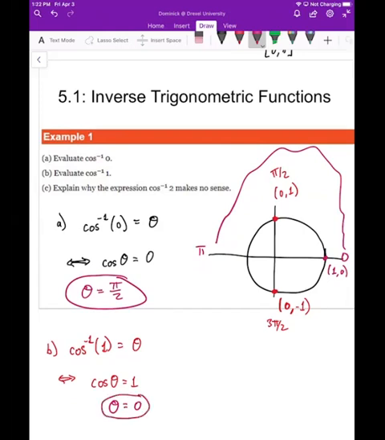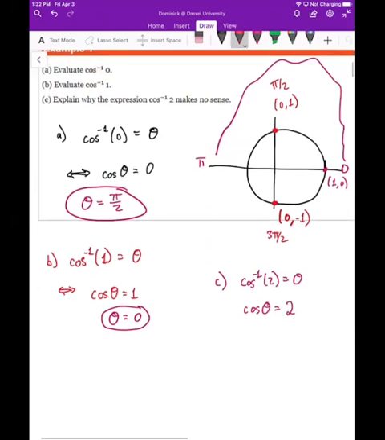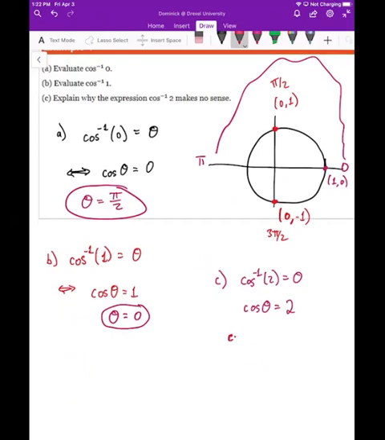Right? Now, part C, we want to explain why the inverse cosine of 2 doesn't make any sense. Well, as soon as you go to set this up in the equivalent form, we want to find an angle whose cosine is 2. But the problem with this is that cosine is only between -1 and +1.